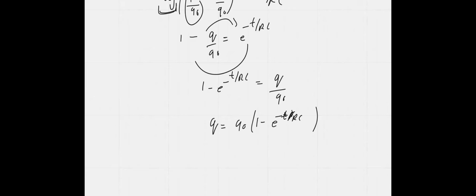You know what, Kirtana? This equation is basically a transient equation. Meaning to say, if you see carefully, if I keep time equal to infinity, what does this mean? I have kept this switch closed for a very long time. What will happen, Kirtana? Because it's charging, charges are accumulating.